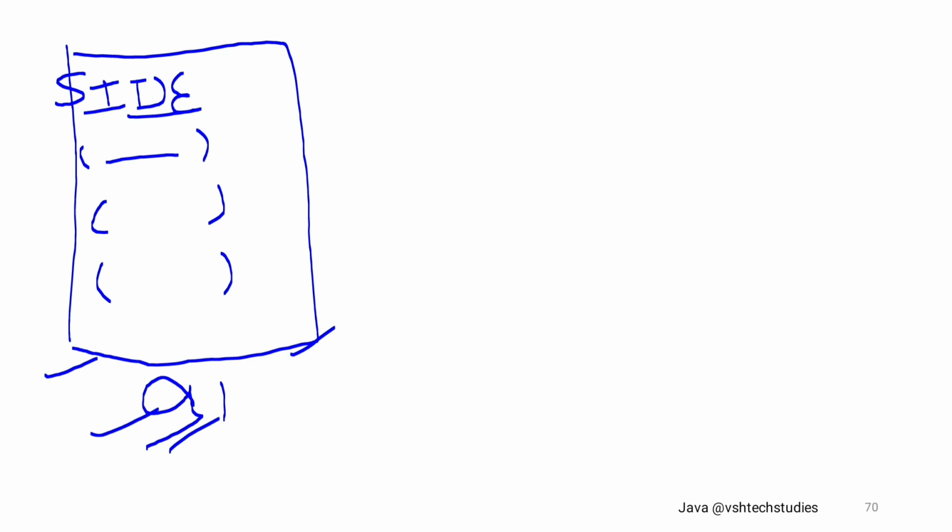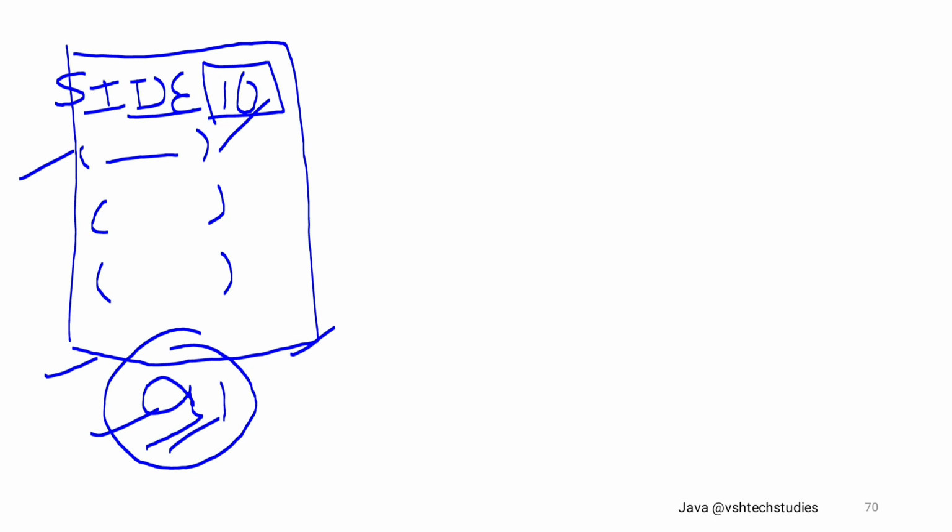When the A1 object was created, because no parameters were passed, its default constructor is executed. In the default constructor, we have given the value 10 to the side. Hence in the A1 object, the side field will have the value 10. This is how the data field value is initialized through a constructor, at the moment the object is created.